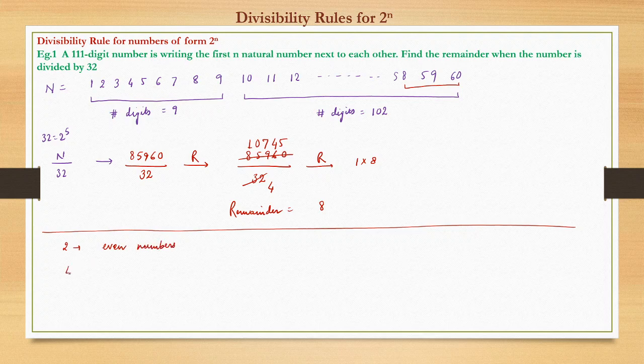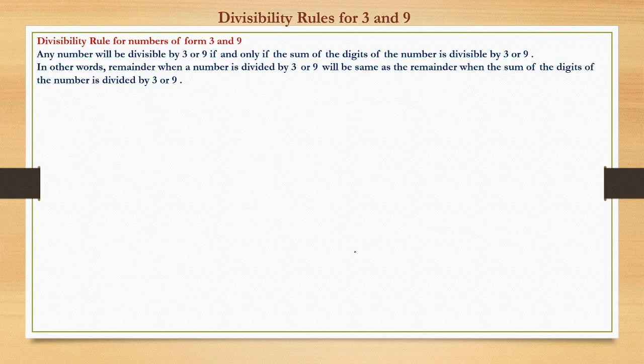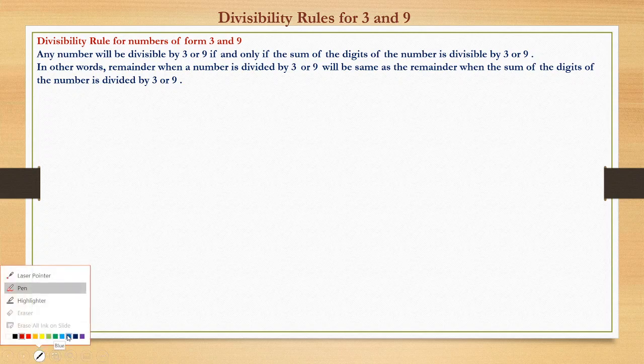For 4, the last two digits, for 8 similarly the last three digits. So this way we have seen this. Okay, now we will see the rules for 3 and 9. What is it?